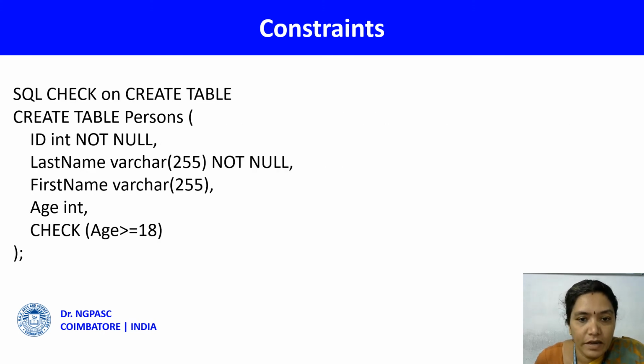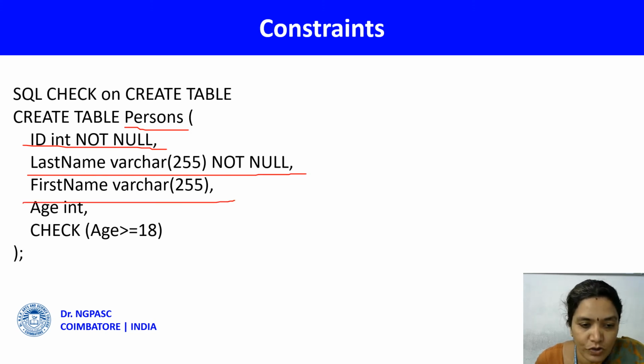So how can I create my check constraint? See here, the same create table statement. I am creating a table called person. In that, ID holds the not null constraint, last name holds the not null constraint, and first name column doesn't have any constraint. Age is having a constraint of type check.